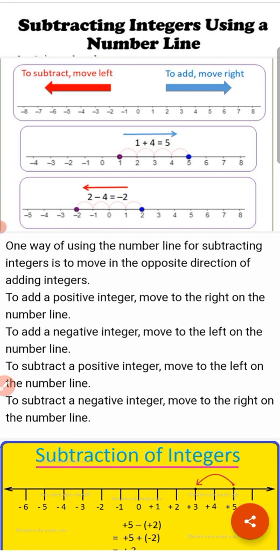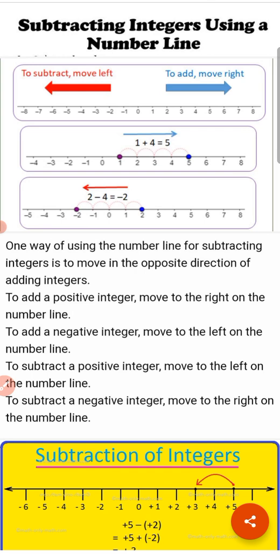Today, let us revise the topic: how to use a number line for subtracting integers. As you already learned, the negative numbers, 0 and positive numbers together are known as integers.